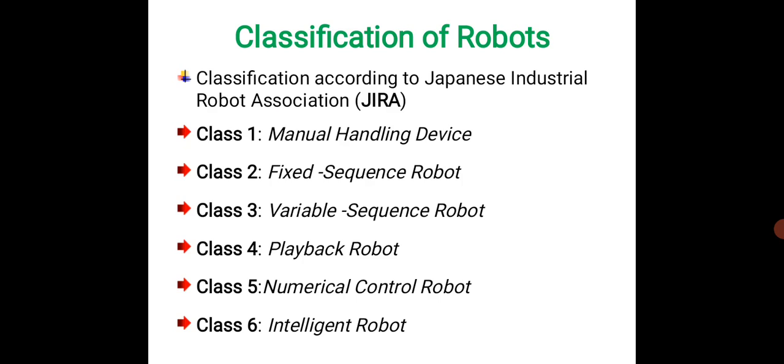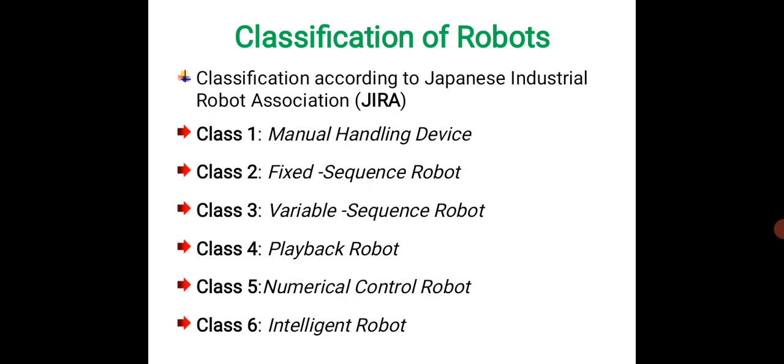And how are these robots classified? We basically have two types of classification. One is based on the Japanese Industrial Robot Association, the other one is American. The first one you call JIRA, where we have class 1 to class 6. Class 1 is a simple manual handling device, class 2 is a fixed sequence robot, class 3 is a variable sequence robot, class 4 is a playback robot, class 5 is a numerical control robot, and class 6 is an intelligent robot.